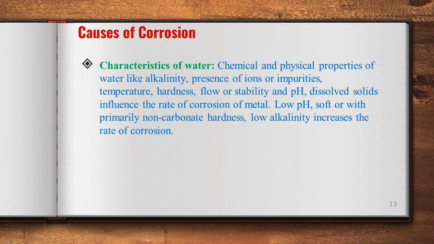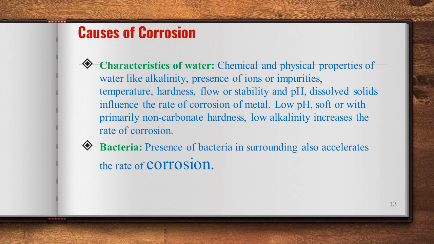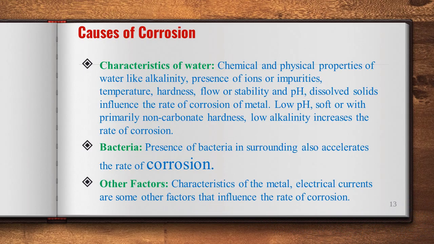Low pH, soft water or water with primary non-carbonate hardness, and low alkalinity increase the rate of corrosion. Presence of bacteria in surrounding also accelerates the rate of corrosion. Characteristics of the metal, electrical currents, or some other factors also influence the rate of corrosion.